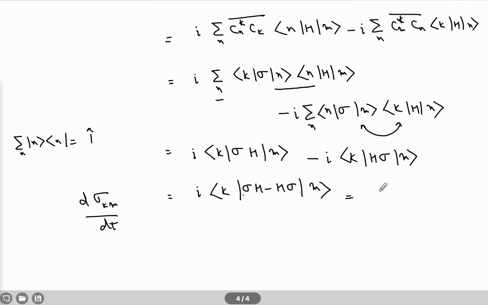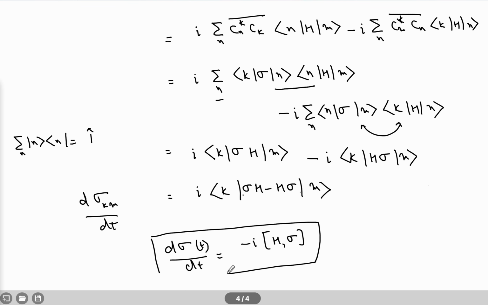So let's not write it like this, because this is still the matrix element. So now we can say that the time evolution of the density matrix will also be of the same form, but not just the matrix element, but the full matrix, which will be given by the commutator minus i, right?